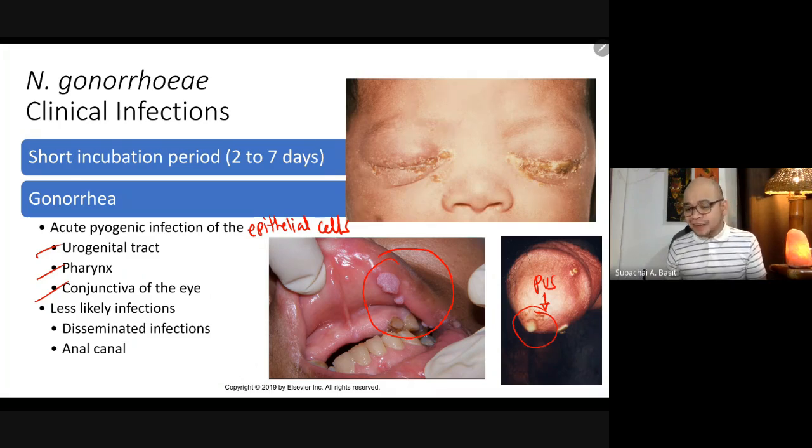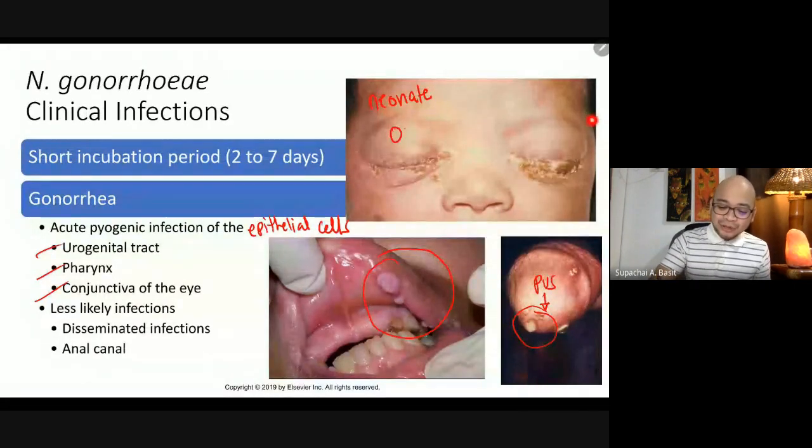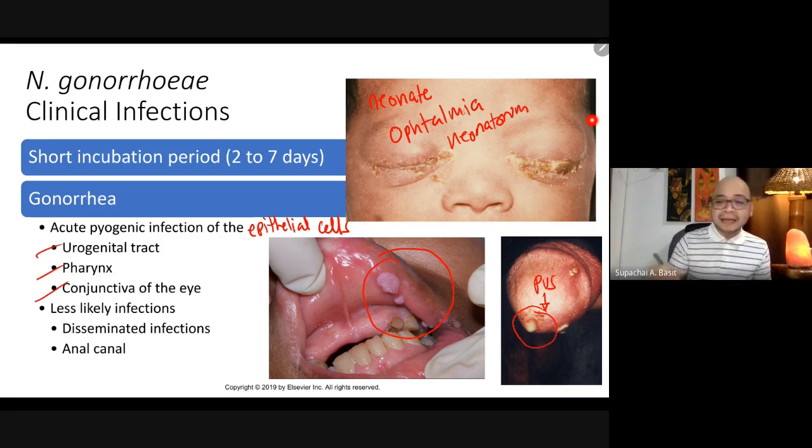If infants are infected, so this infant is a neonate, and this particular infant was born from a mother who has Neisseria gonorrhoeae, this particular condition is called ophthalmia neonatorum. And do you know that ophthalmia neonatorum can actually lead to neonatal blindness?